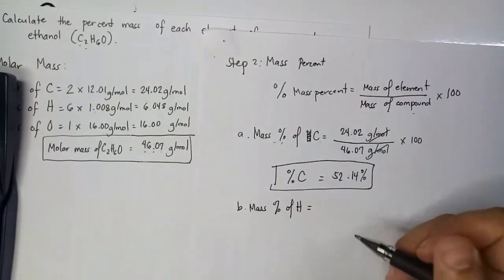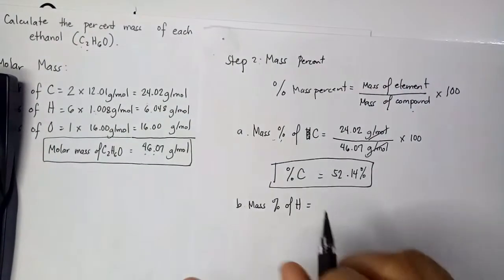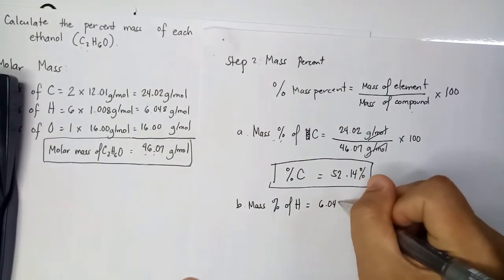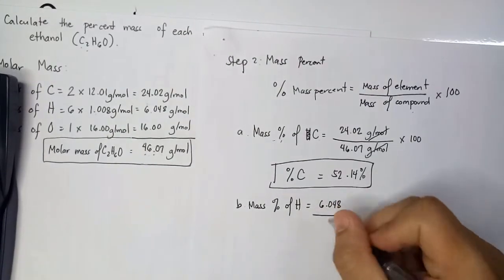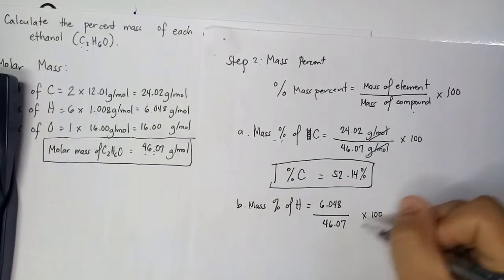So, hydrogen. Ano ang kanyang mass of element? 6.048 divided by 46.07 times 100.